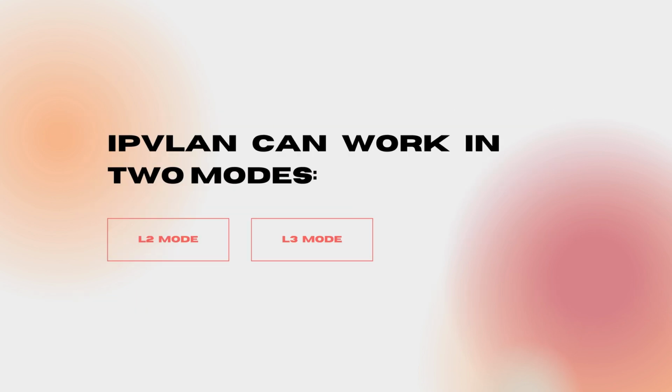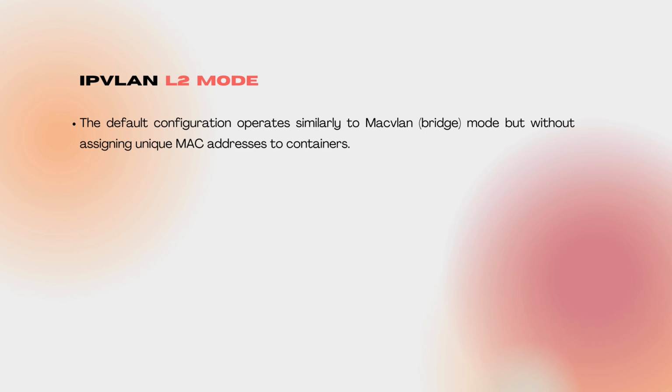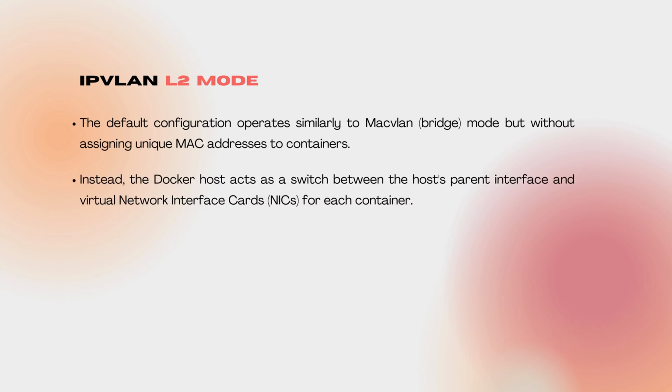IPvlan can work in two modes: L2 or layer 2 mode and L3 or layer 3 mode. In IPvlan's layer 2 mode, the default configuration operates similarly to MacVLAN bridge mode, but without assigning unique MAC addresses to containers. Instead, the Docker host acts as a switch between the host's parent interface and virtual network interface cards, known as NICs, for each container.